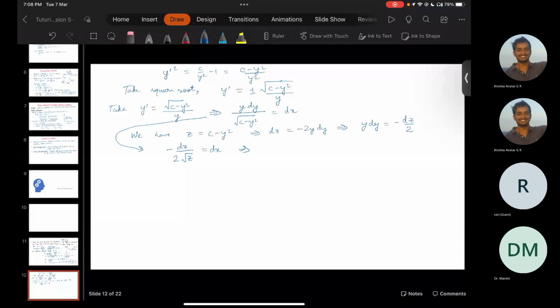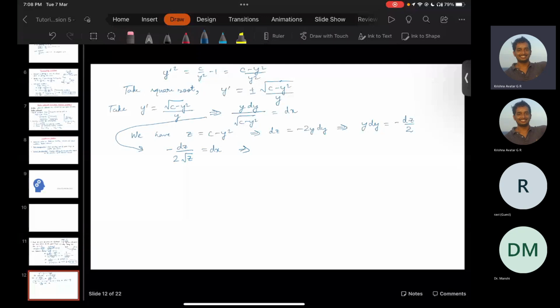Okay, and what we have here is 2 constants, c and c2.